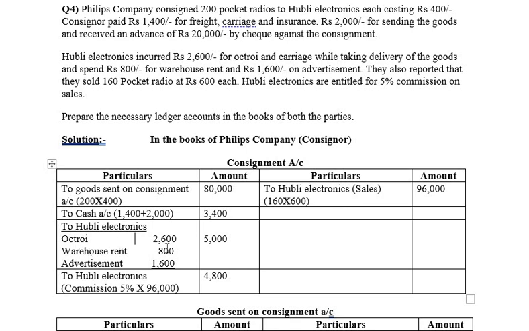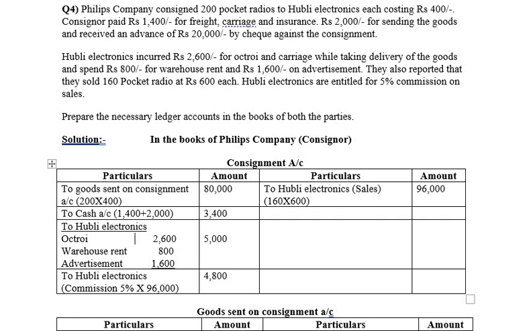So octroi is how much? 2,600. Warehouse rent is 800 and advertisement is 1,600. Total of this is nothing but 5,000. So consignment account debit to consignee's account.